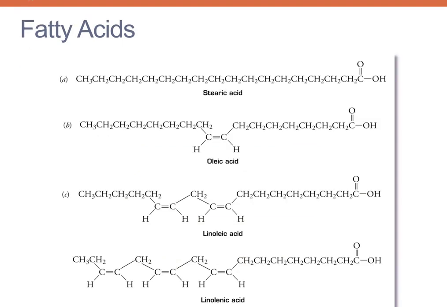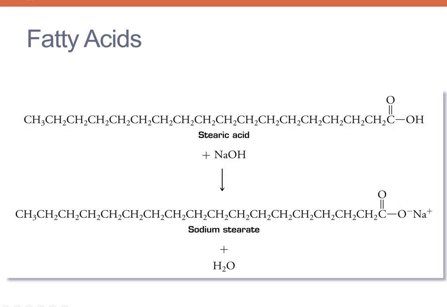Different kinds of structures could be there, and the common trait in all of them is always this COOH head, a polar head, and with that a long non-polar tail. That is the common structure of any fatty acid.